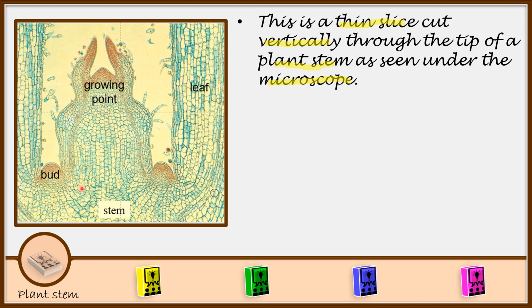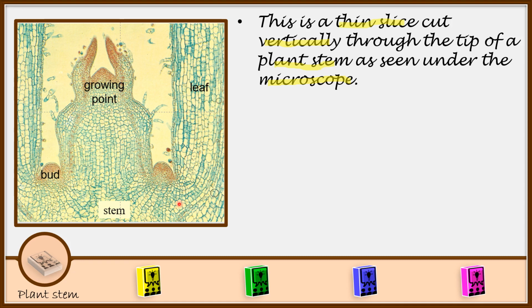So what we are seeing here, this is a stem, and this part here is the growing point, what we would call a terminal bud. And here we have a bud which can be seen here. Here we have the leaf.